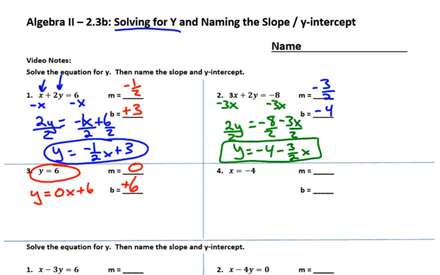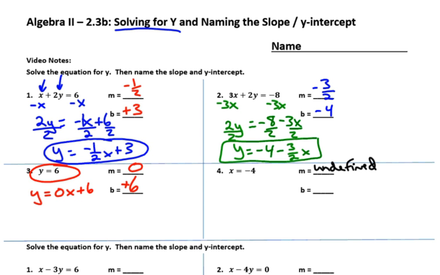Here's where the system falls apart. Number 4. I've got x is equal to negative 4. There's no solving for y. I can't solve the equation for y. So what do I do? I just realized that this line doesn't follow the rules like every other one. So the slope in this one is called undefined. It doesn't follow the rules.